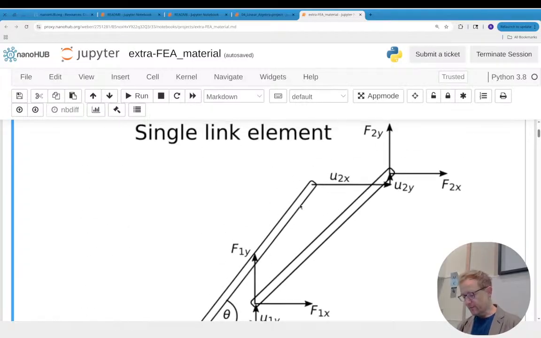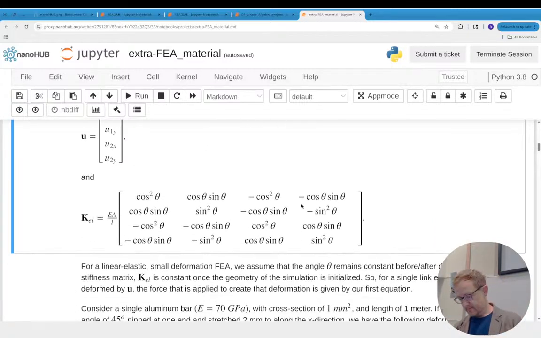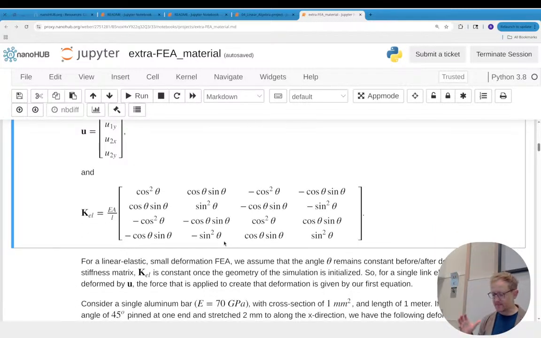But you can see, if you think about one bar, you could move its XY location in both places, and depending on what angle it goes to, you would have one stiffness matrix like this. This is based on what angles and how everything moves around.